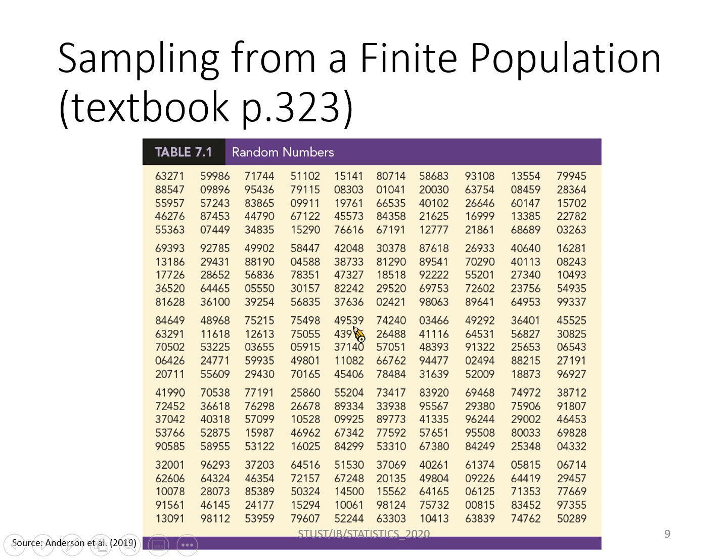You can find it in your textbook on page 323. There is a random numbers table, and then you can choose 4 digits from it to be the ID number you would like to select from all the 2,500 managers.